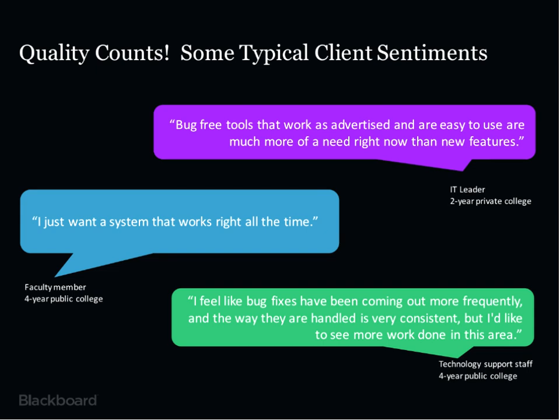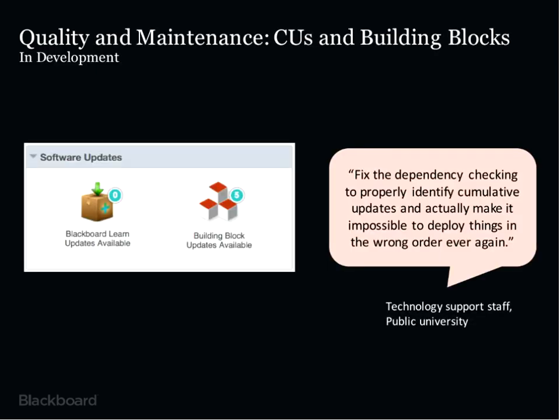So we are going to be continuing, of course, to work on bugs and bug fixes, but we are also investing in changes to add stability to the environments. And one of these has to do with the way in which certain updates are installed.